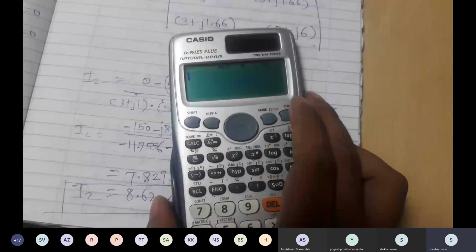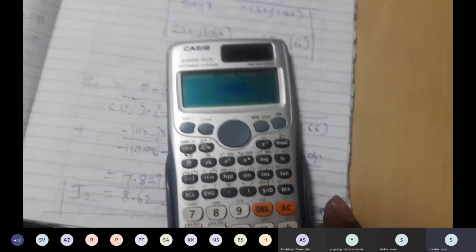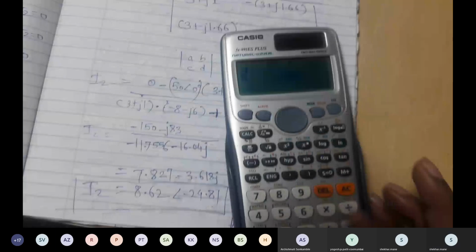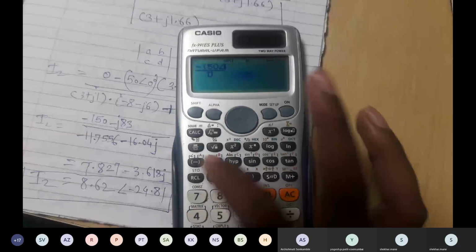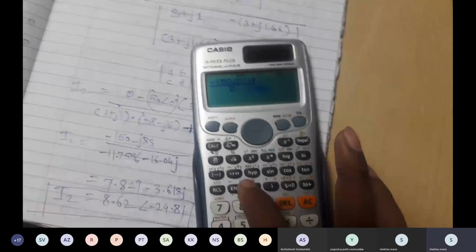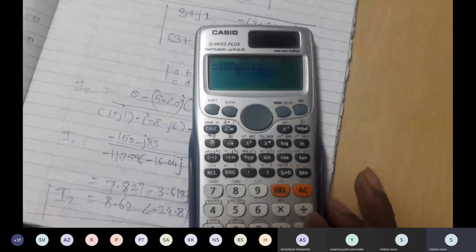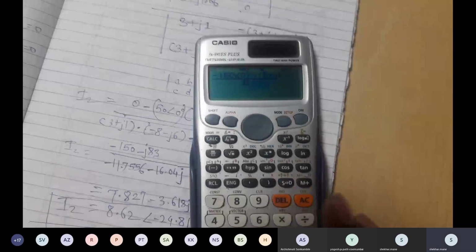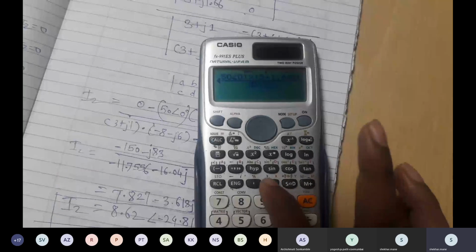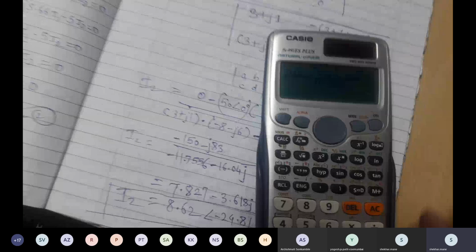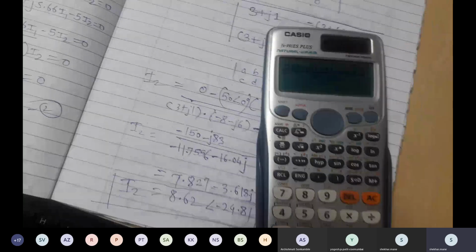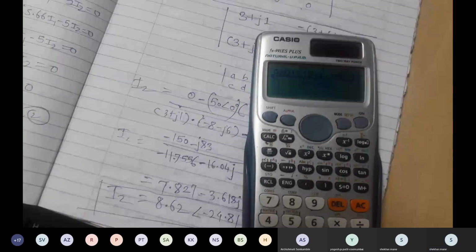First go to the complex mode and then write the numerator and denominator directly. Minus 50 shift angle 0, then into 3 plus 1.66 I. While writing in the calculator, always write I afterwards, means 1.66 I. Okay.